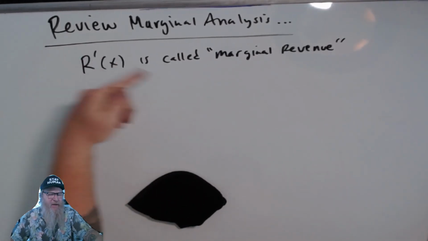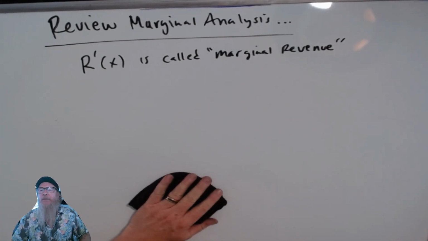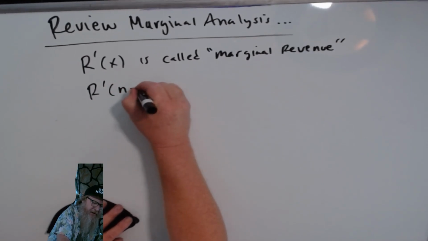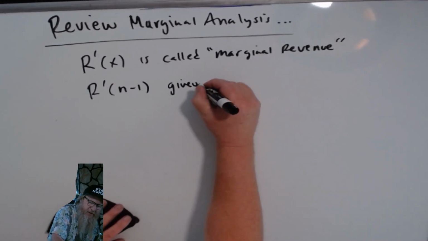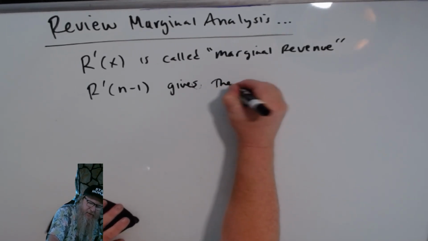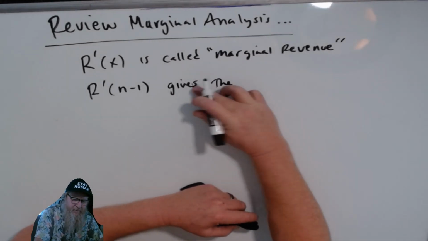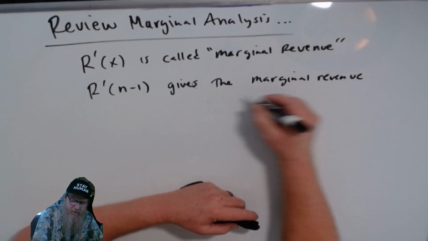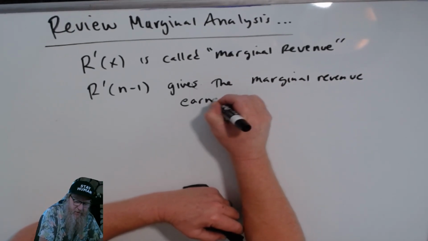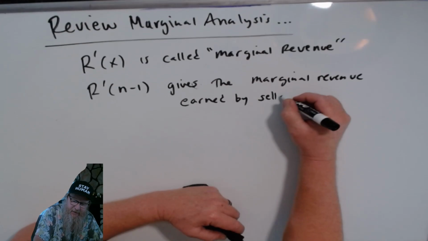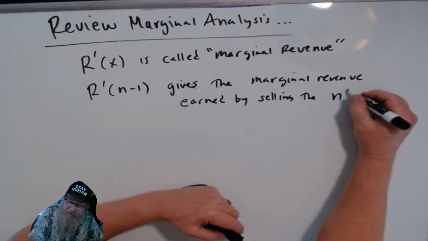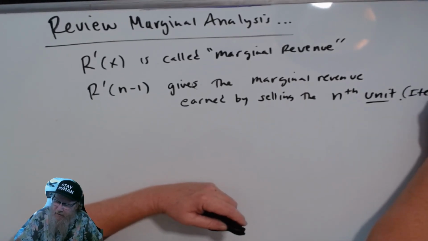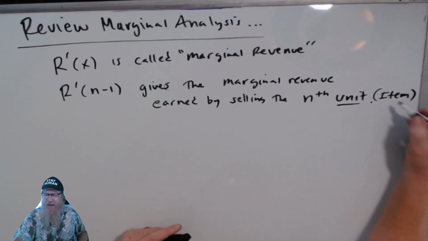You just take the derivative, and we call that the marginal, or the marginal revenue. And R prime of n minus 1 gives us the marginal revenue earned by selling the nth unit, or item, or whatever it is that we're selling.